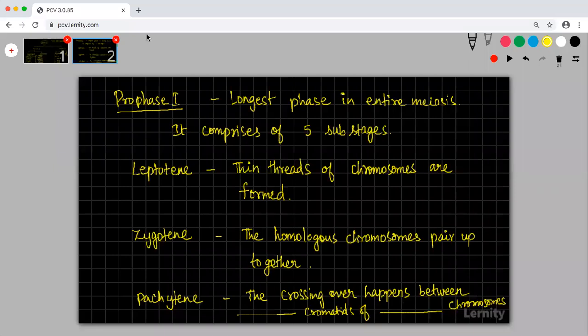The crossing over happens between what and what? Dash chromatids. We have a term, yes, non-sister chromatids. Very good.